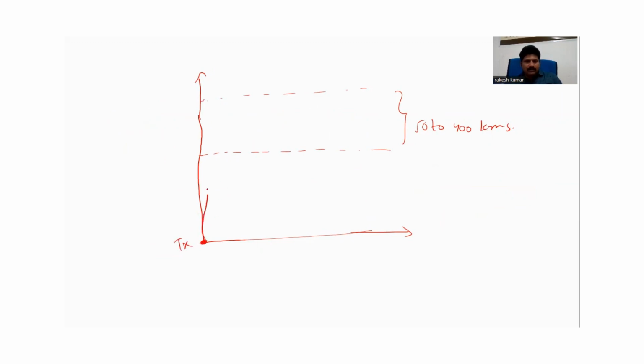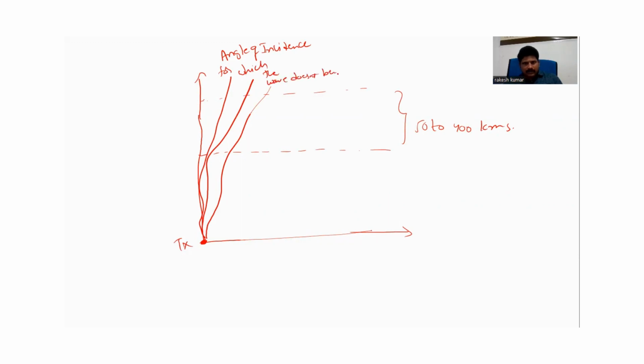So for some angle of incidence, the wave will not bend back. It will go into the free space. This is the angle of incidence for which the wave doesn't bend.